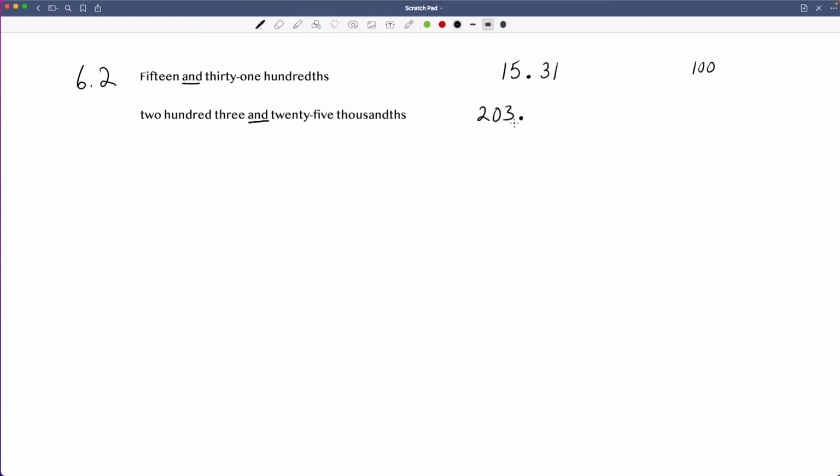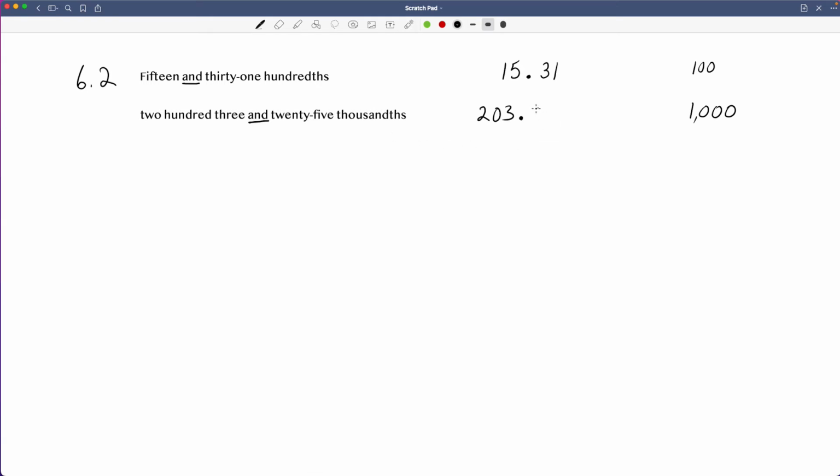So 203 and 25 thousandths. So thousandths, so we write 1,000. 1, 2, 3. That's 3 places behind the 1. But we have 25 thousandths. That's only 2 places.